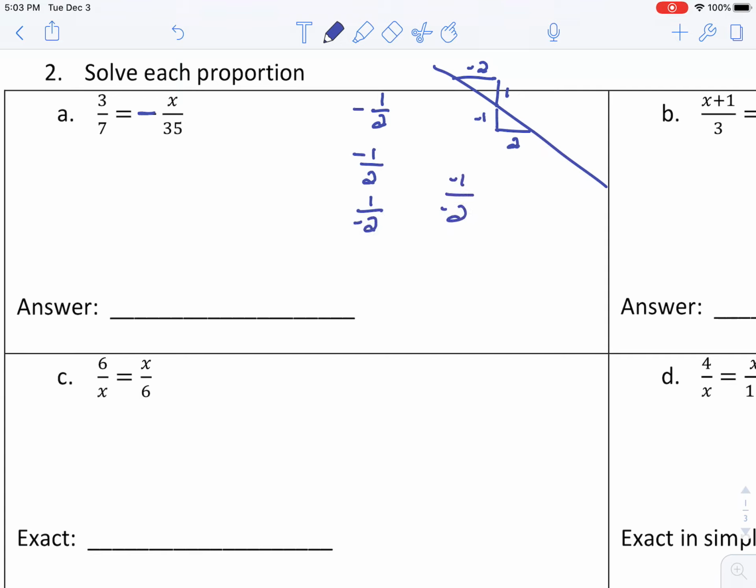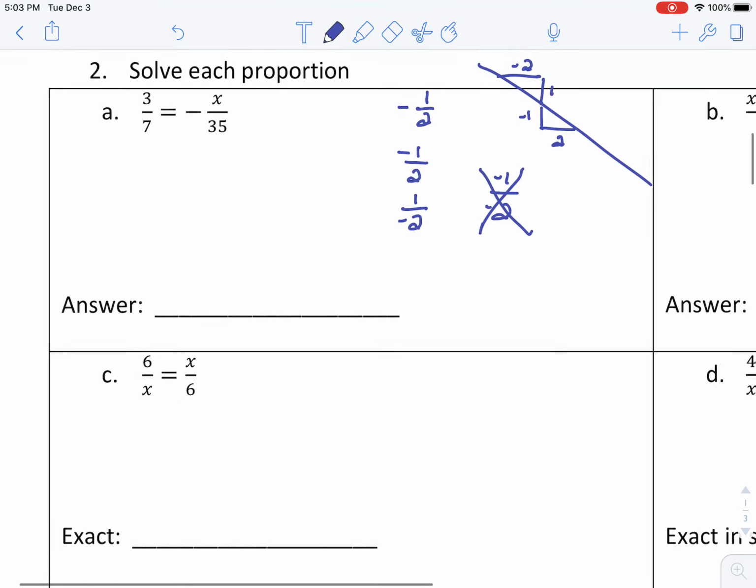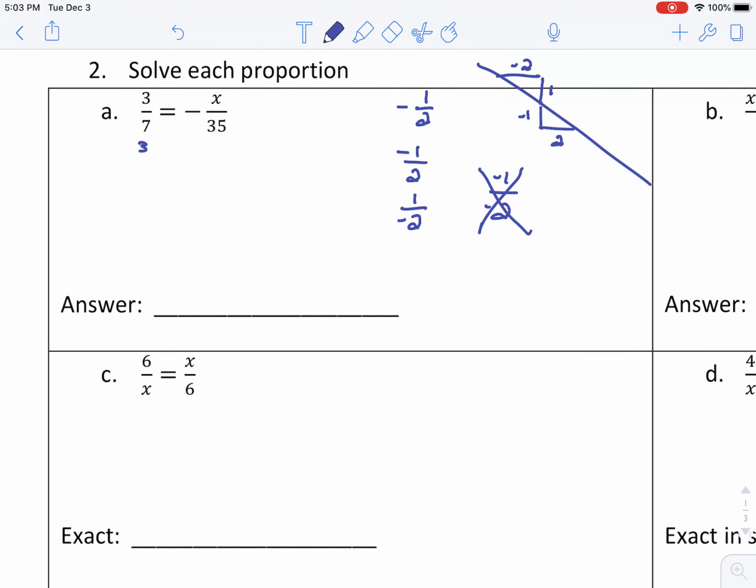As long as you don't put it with both, because that would make you go up and right, which is not on this line. So this negative could be with the x, or it could be with the 35. Doesn't matter. Pick one. Personally, I'm going to put it with the 35 because I don't like having my x's negative. It doesn't matter, but that's my choice.